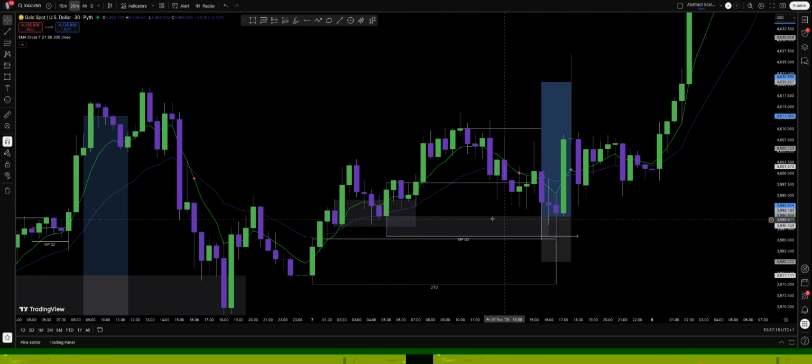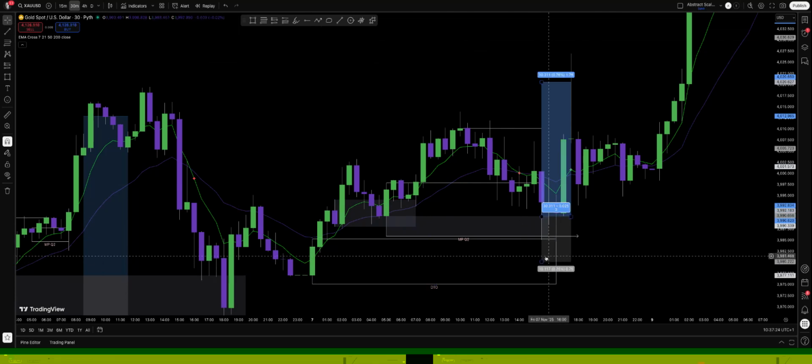So you put your entry here somewhere, you cover somewhere here for your stop loss, maybe to be safe on the swing low here, or a bit higher if you want to take that risk.